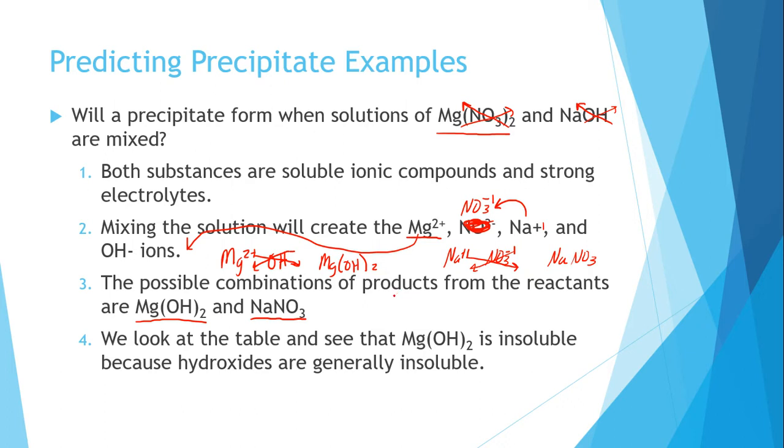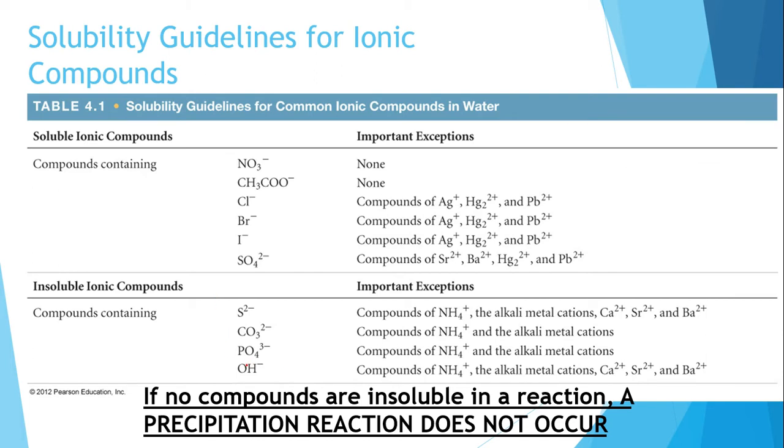If you look at your solubility table, you're going to have to figure out if any of these two are soluble or insoluble. So first you would find OH on the table. So if I look at my solubility table, here's my OH. It says that it's insoluble, and I have to look at my exceptions.